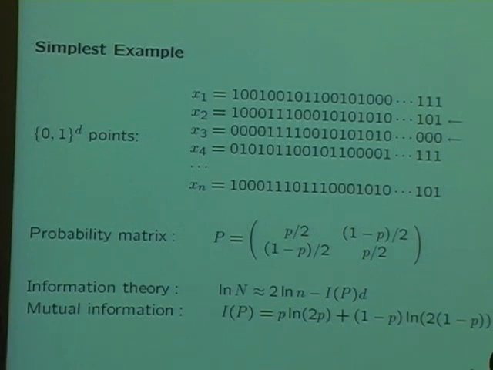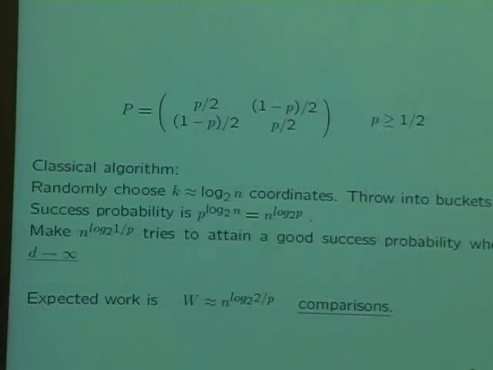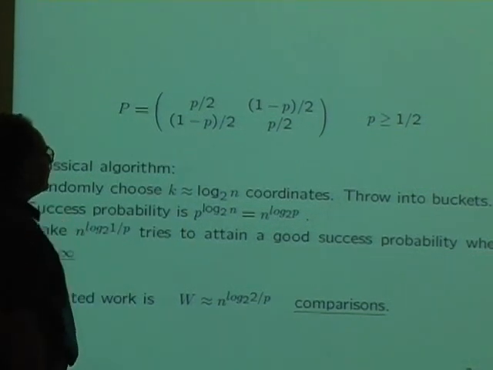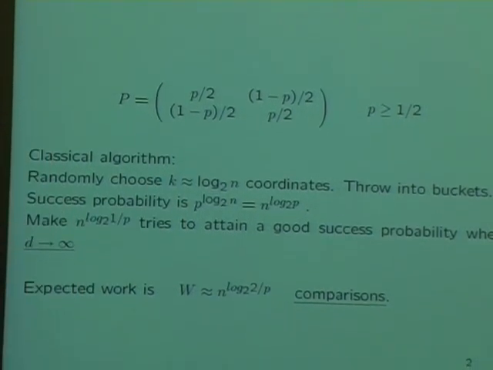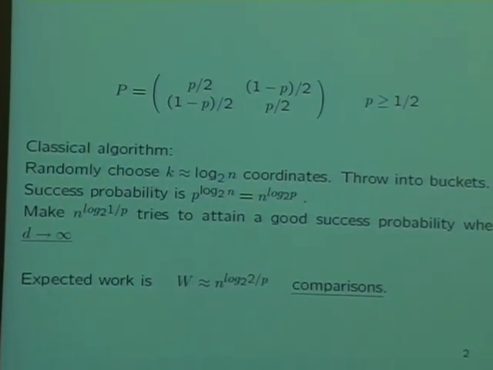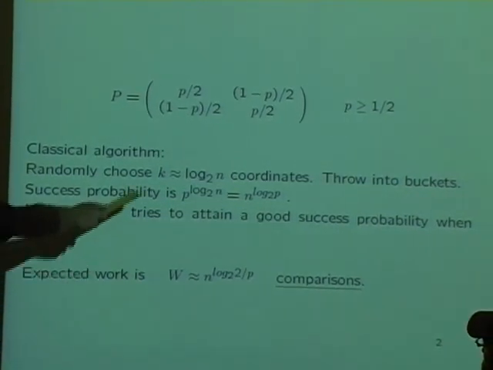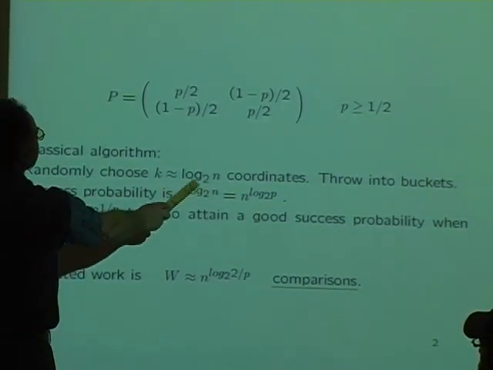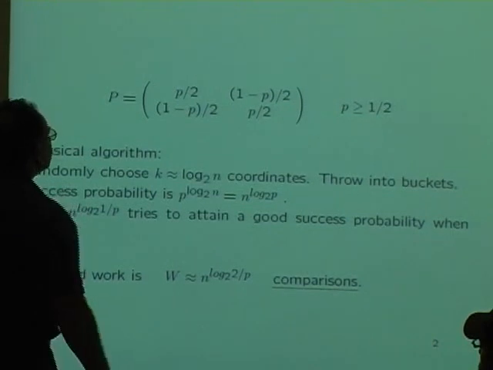Of course, the question is computational. How much effort do I need to do? So this is, again, standard. So what we do is that we randomly select a subset of the coordinates, subset of k coordinates, where k is about log base 2 of n.